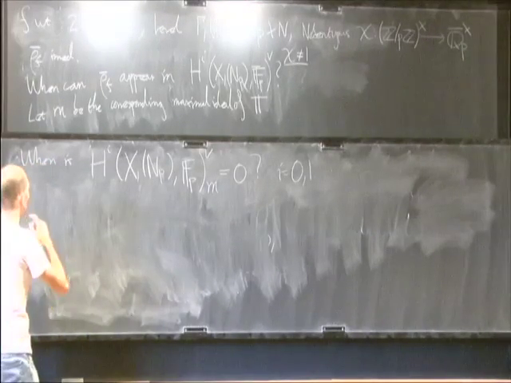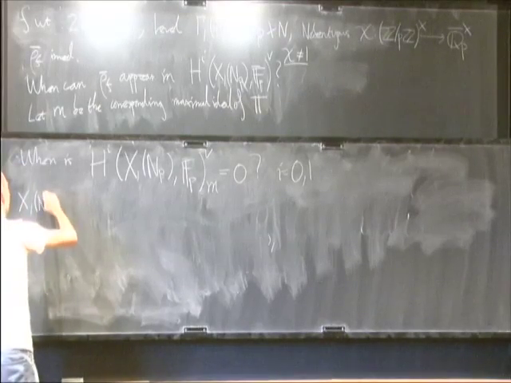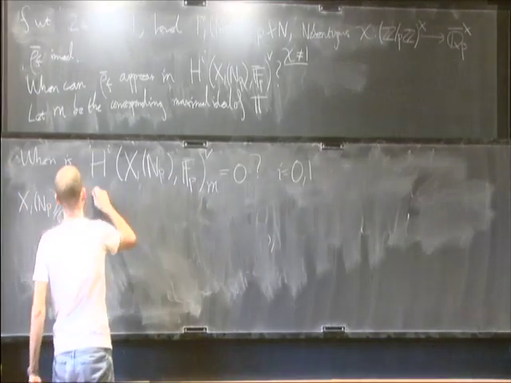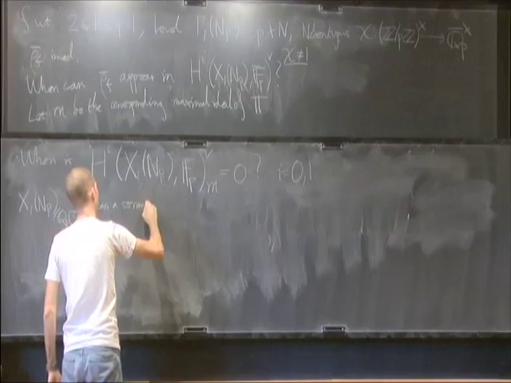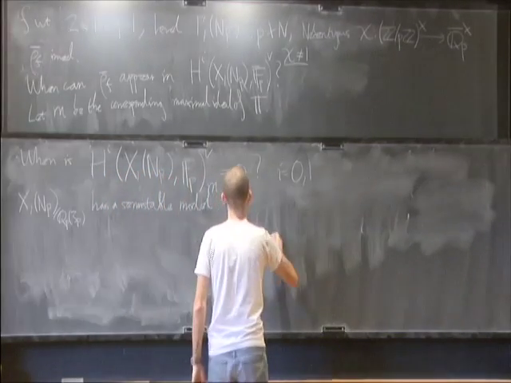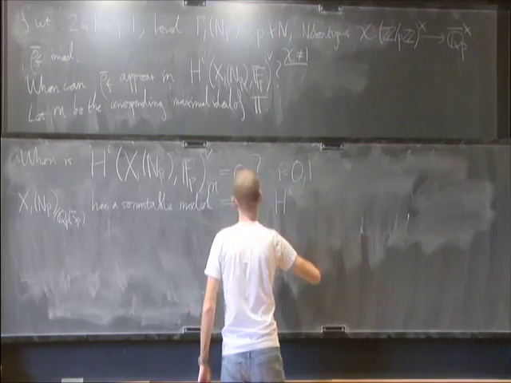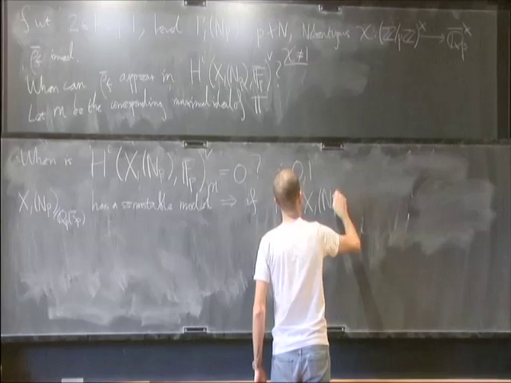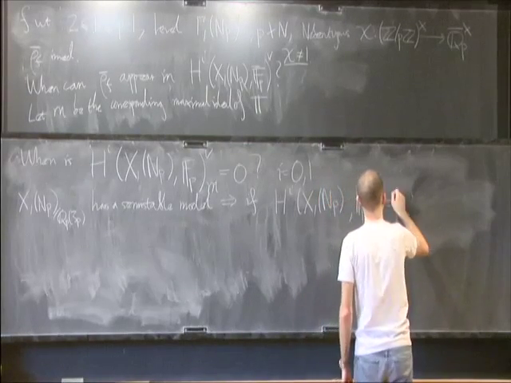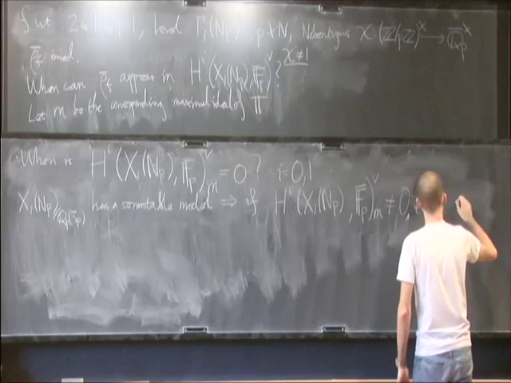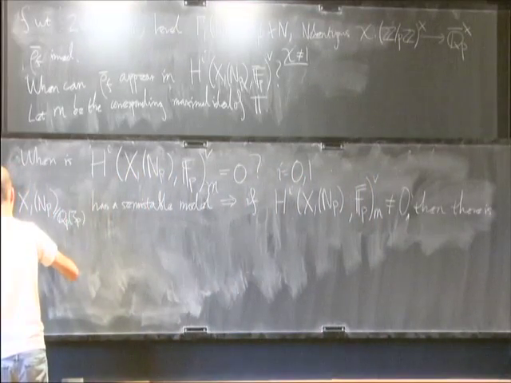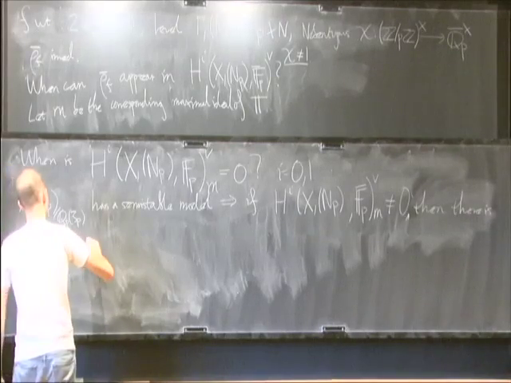So the fact that if I base change to Qp(zeta_p) I can get a semi-stable model implies the following: that if in one of these degrees the cohomology is non-zero, then there's actually a finite flat group scheme.